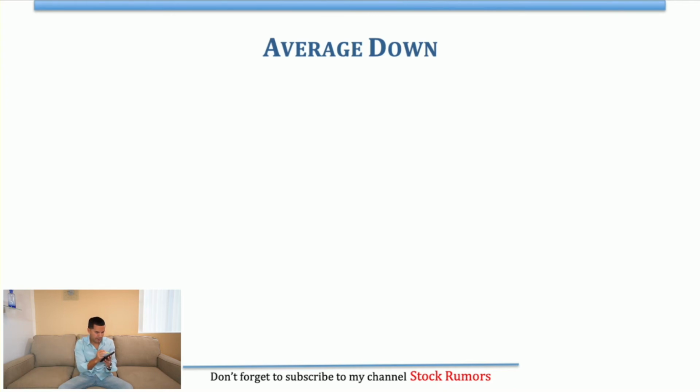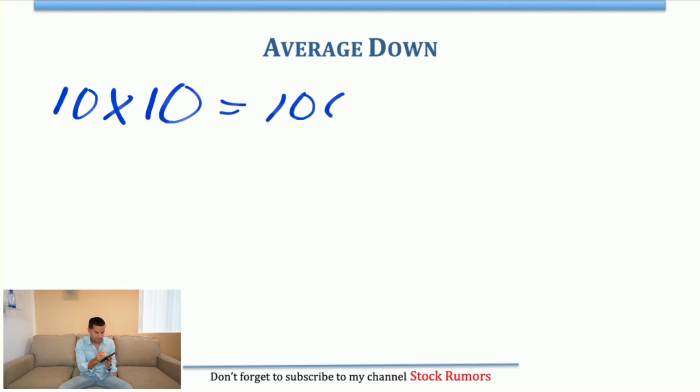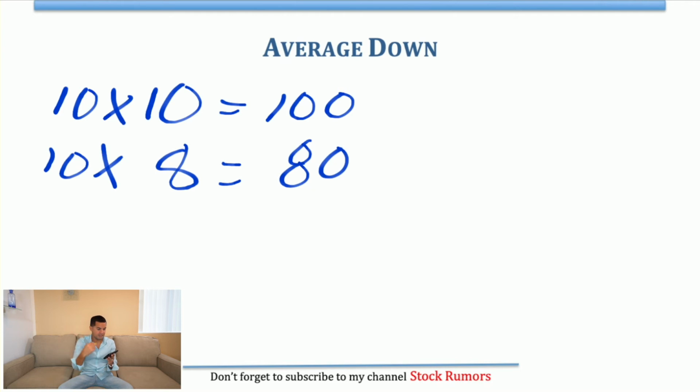What happens if you buy 10 shares at $10 each, then you buy another 10 shares at $8 each, but the price continues to go down and it goes down to $6. What do you do? You buy more? Well, if the price keeps going down, you have to keep averaging down or take the loss.